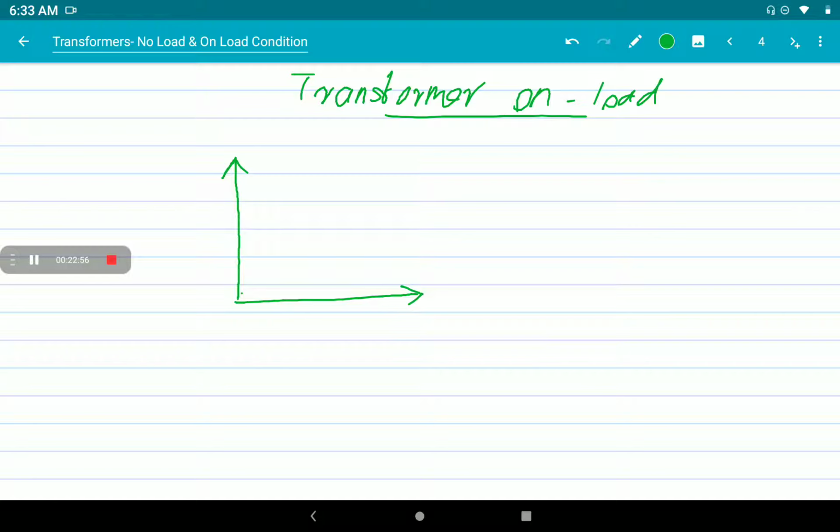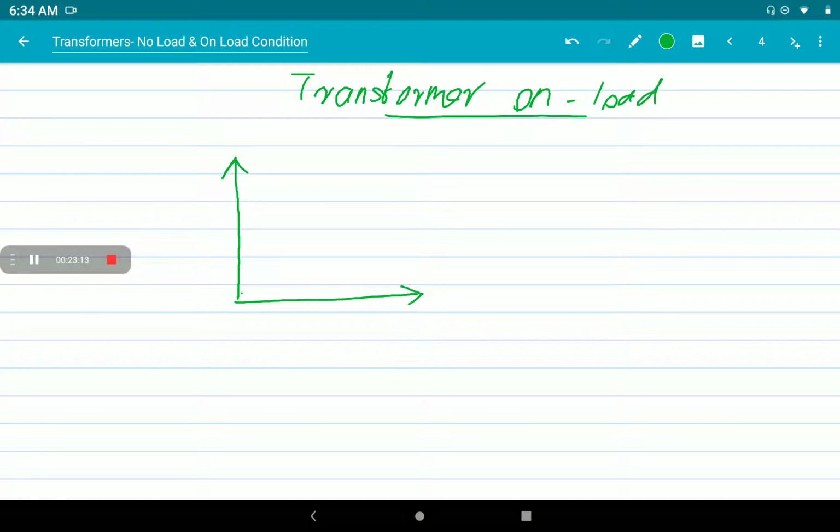So now we are going to consider transformer on load condition. When we connect a load on the transformer, നമ്മളൊരു ലോഡ് കണക്ട് ചെയ്യാണ്. That load characteristics will depend upon the characteristics of load.